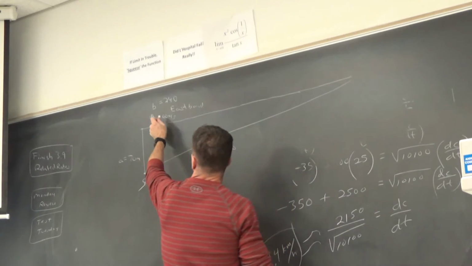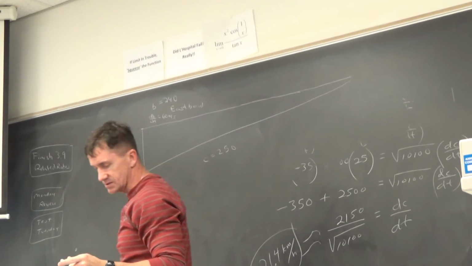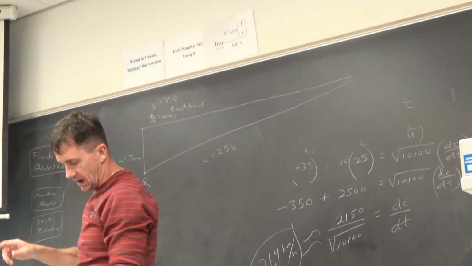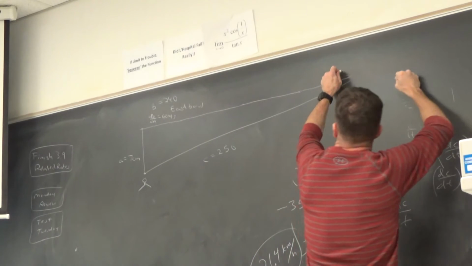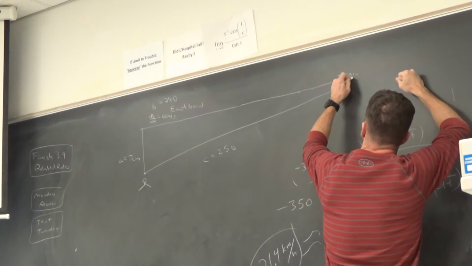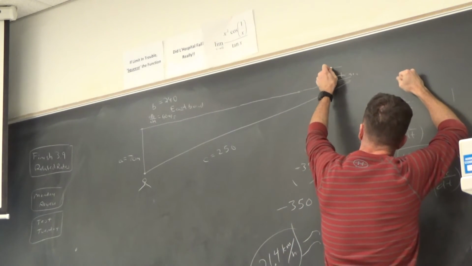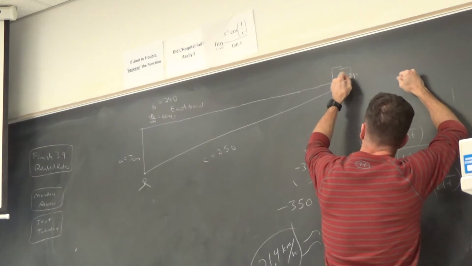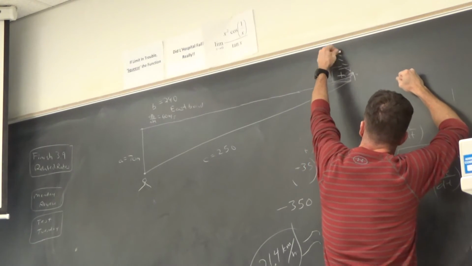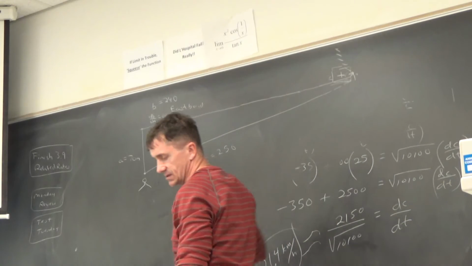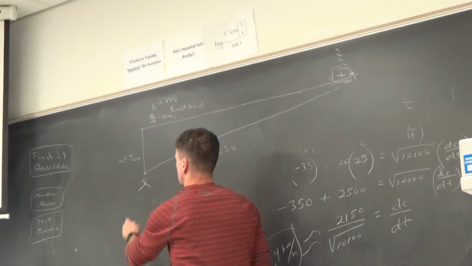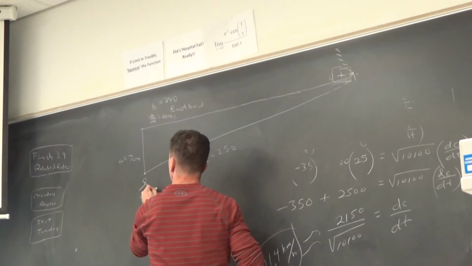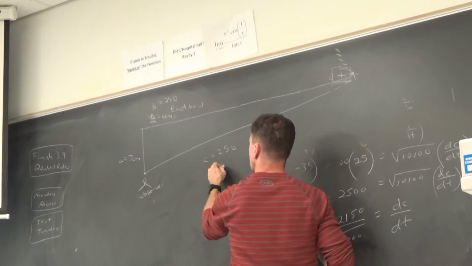I've got this rate. The question says, at how many meters per second is the train moving away? And here's the train. All right. Choo-choo. Here's the train. How fast is that train moving away from the observer? So I am looking for dC/dt then.